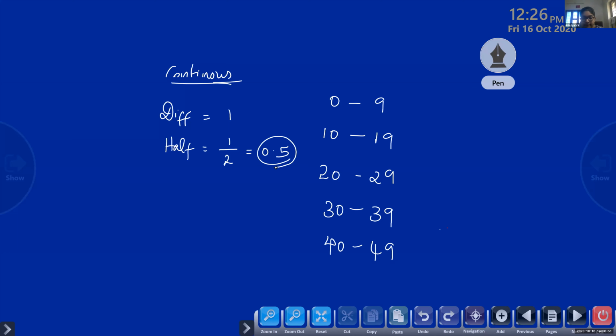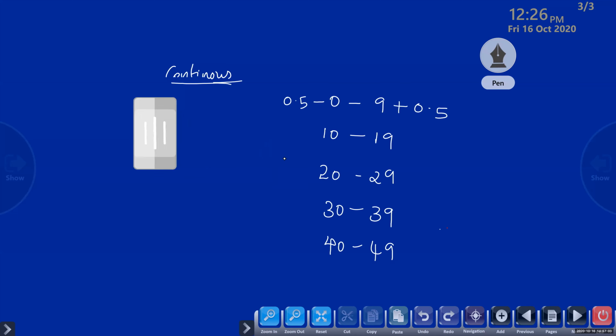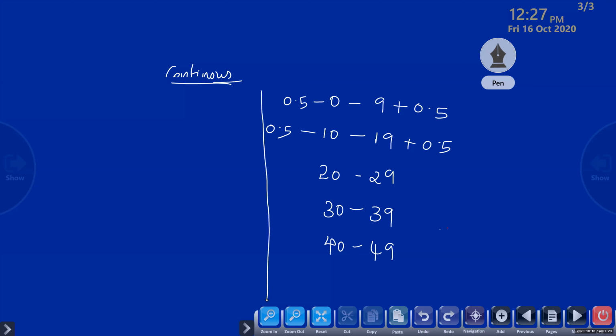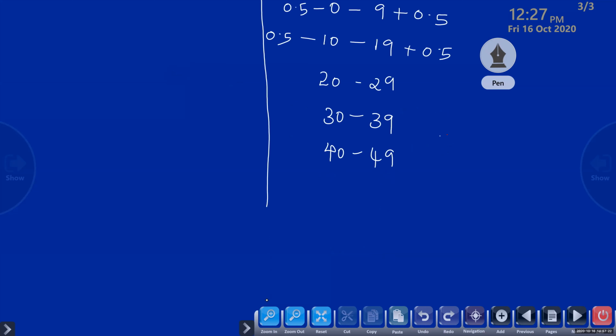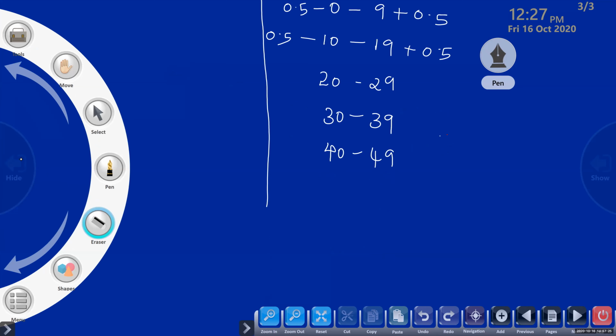From the lower limit subtract 0.5, and to the upper limit add 0.5, for each class. So what will happen? Tell me, what will be your answer?